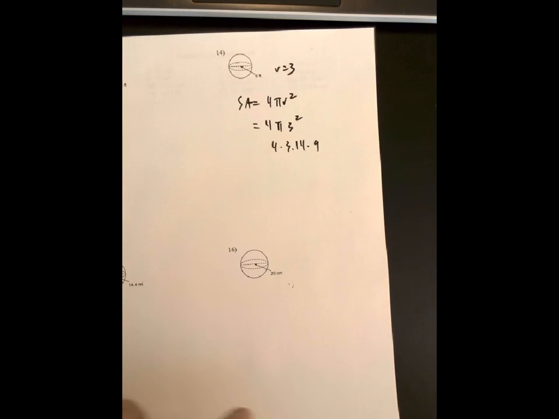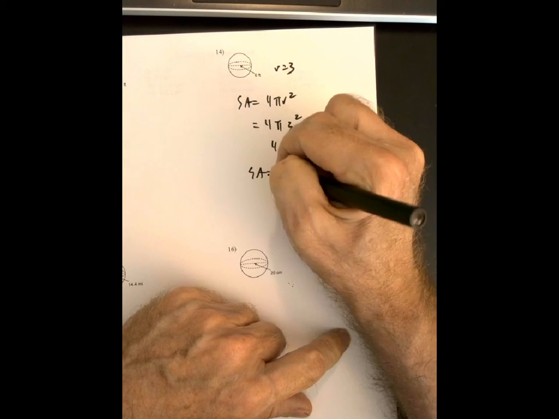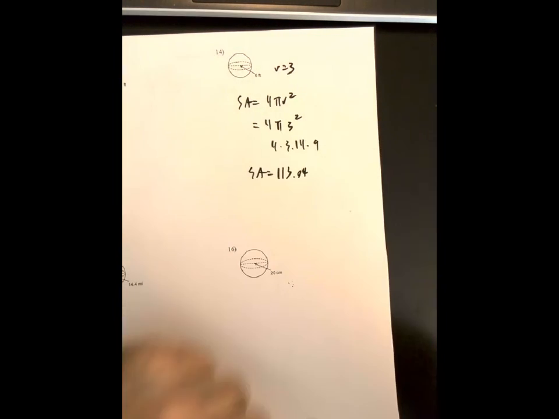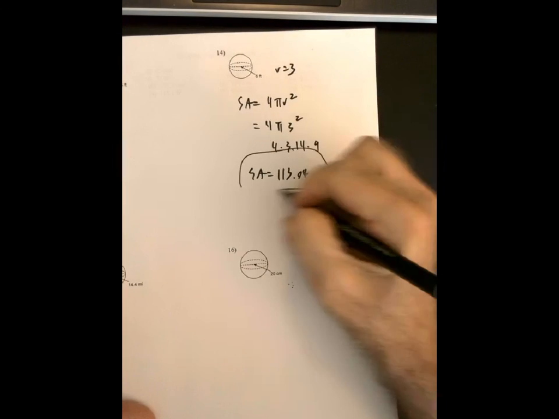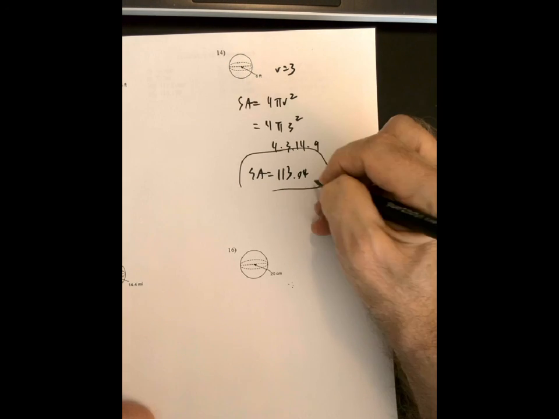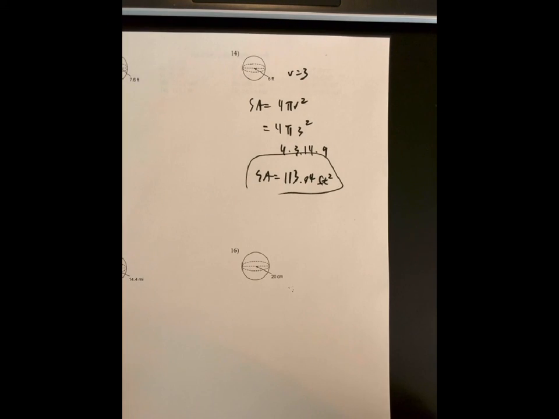So 4 times 9 times 3.14, and we get 113.04. Okay, so that's how that goes, 113. And again, it's square feet because it's area. All right, so now go ahead and try number 16 again if you missed that one.